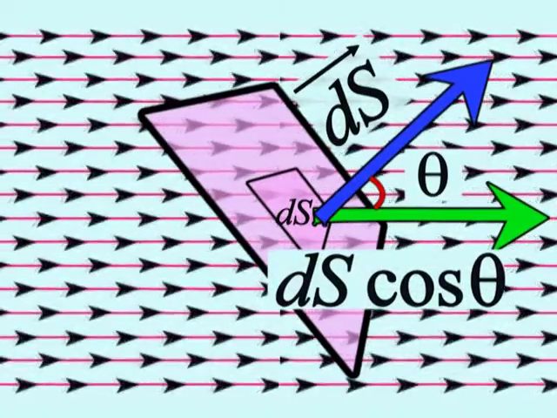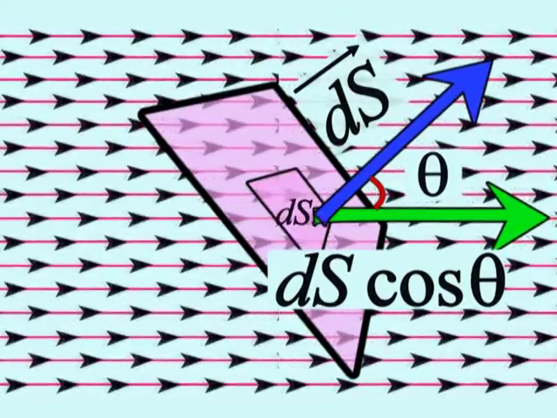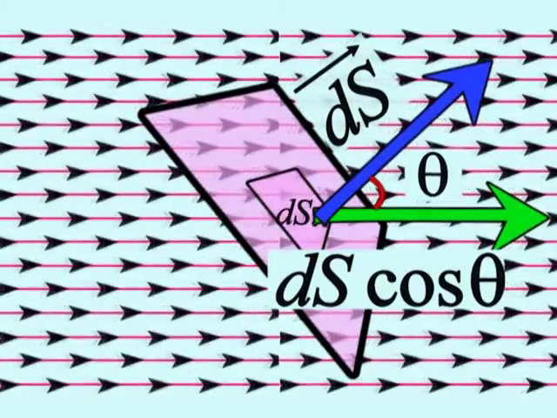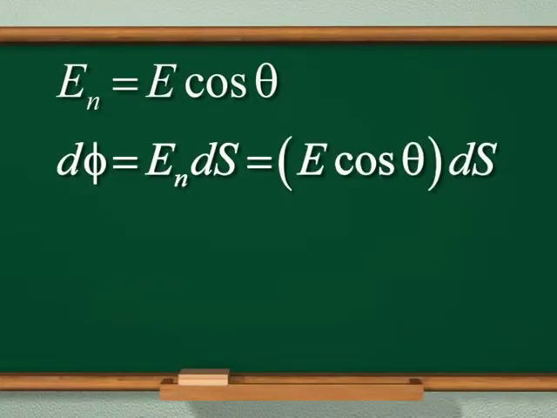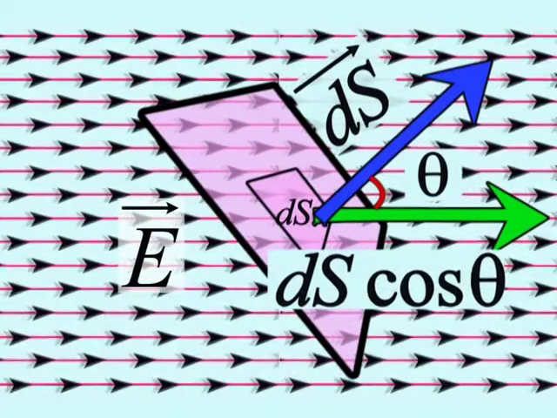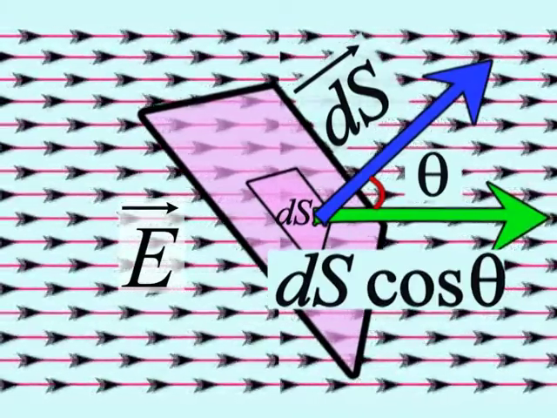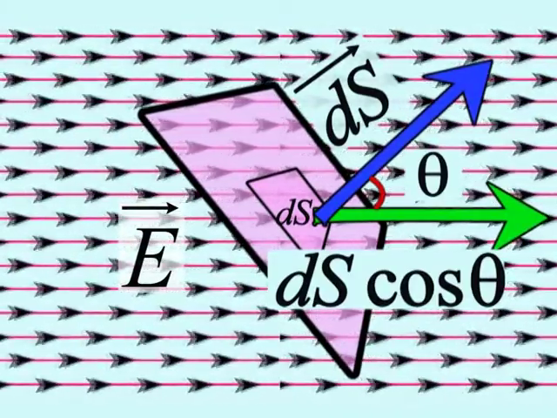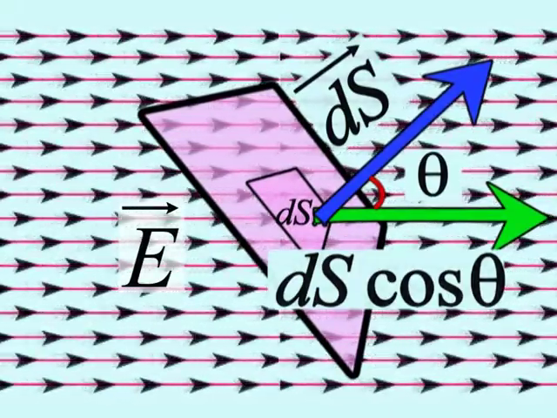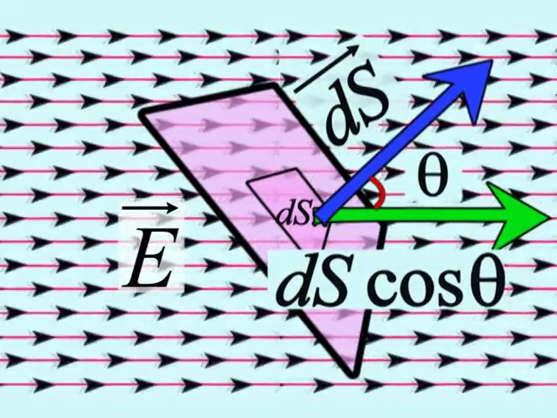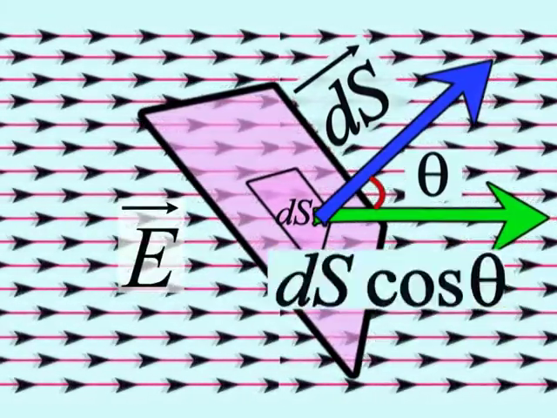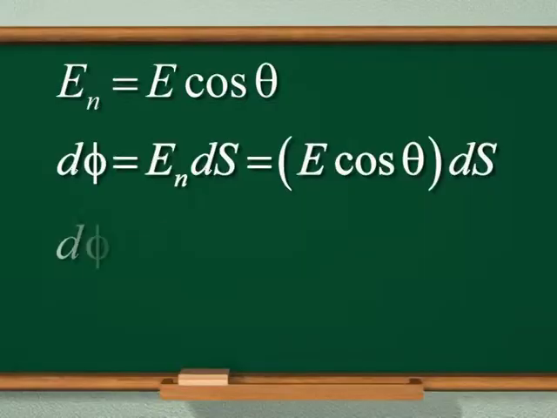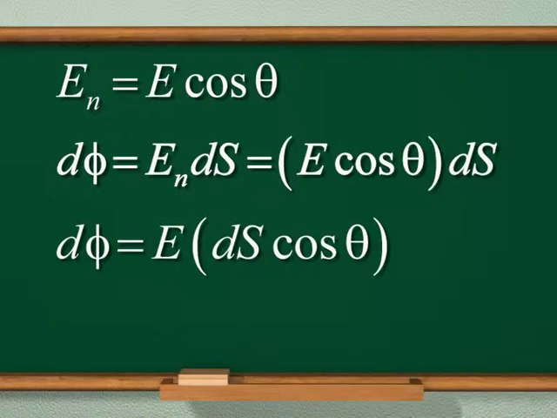Hence, the electric flux crossing the area element dS in a direction along the normal to it is given by d phi equal to En into dS, which is equal to E cos theta into dS. As here the electric field is not perpendicular, at this moment the electric flux crossing the area element dS in a direction along the normal to it is the product of electric field E and dS cos theta. That is, d phi is equal to E into dS cos theta.